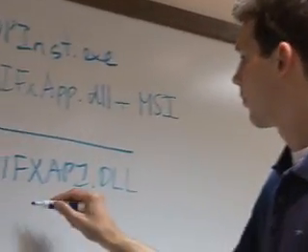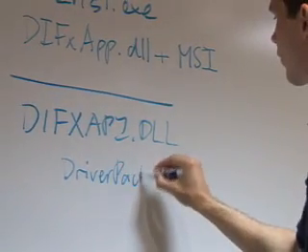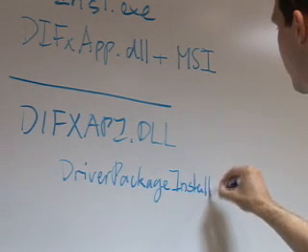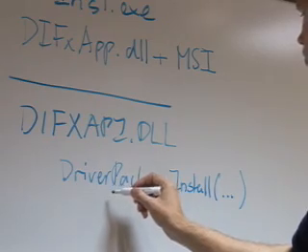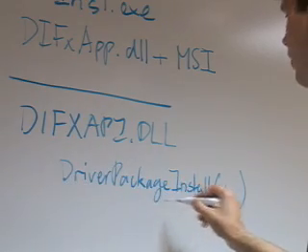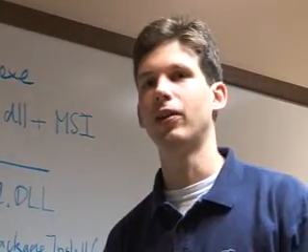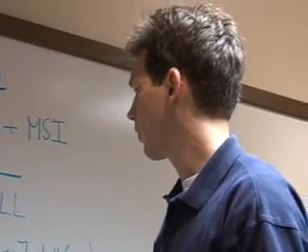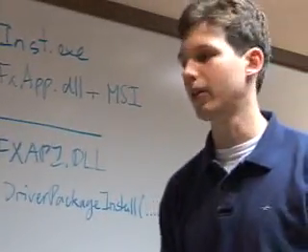For example, you have an API to install a driver package. And just to clarify, a driver package is an INF file plus the binaries that come with it and the catalog file. That is what we consider a driver package. So you have several APIs to install, to pre-install, and to uninstall driver packages.